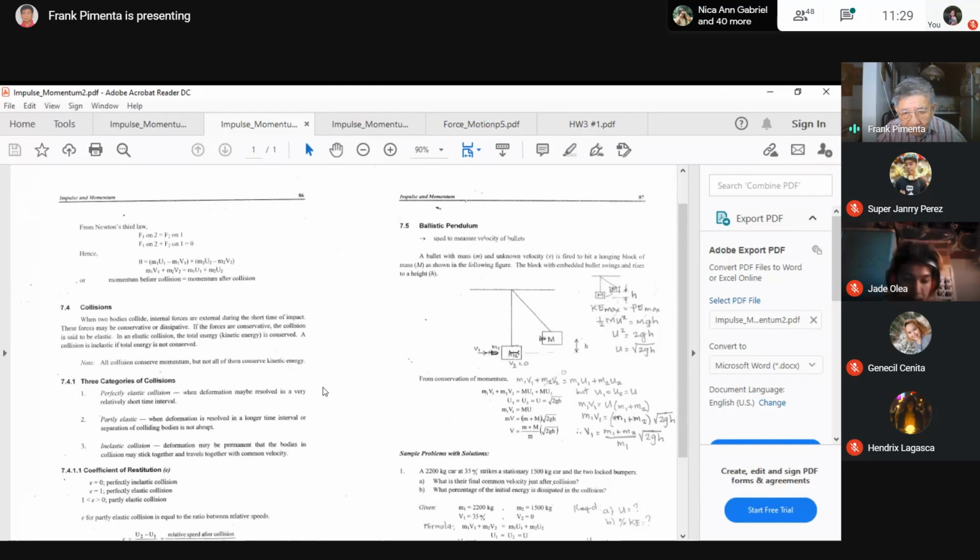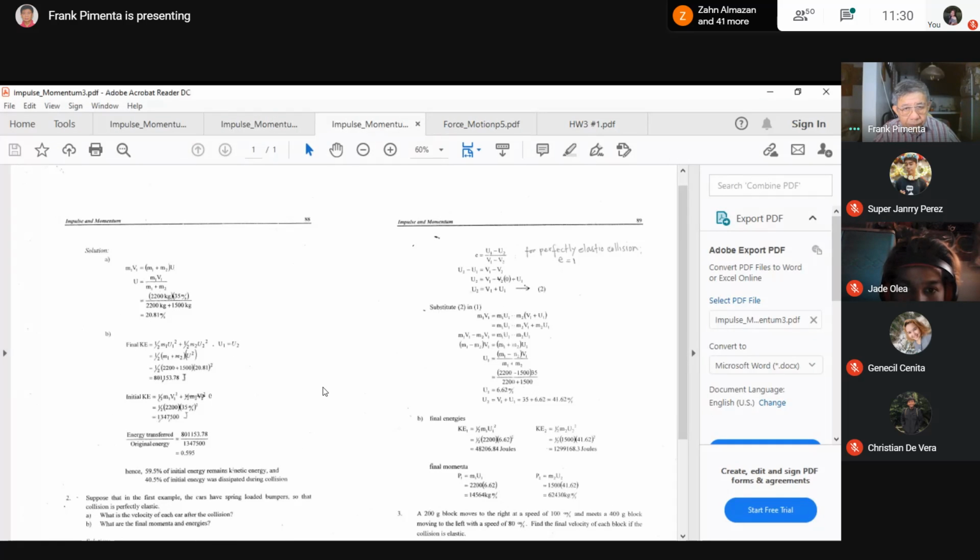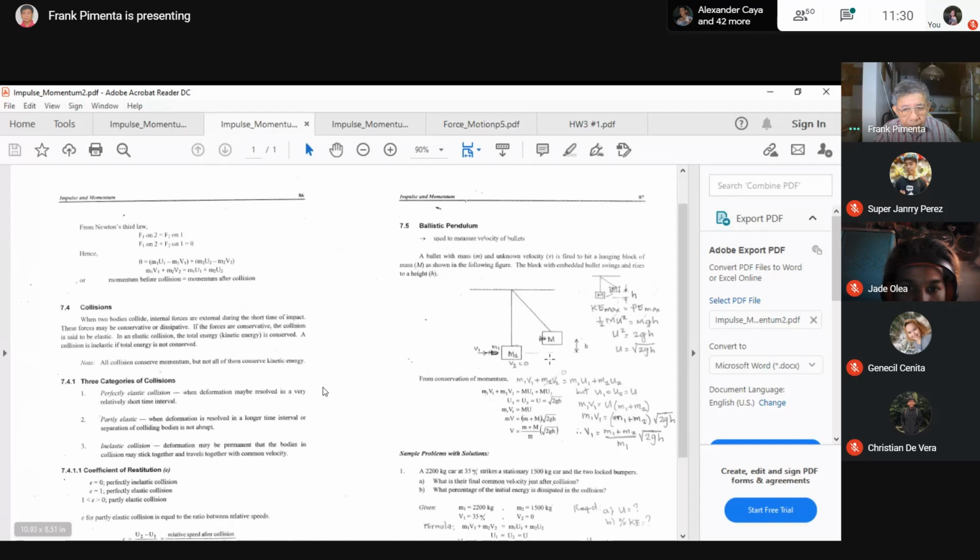So in the process, if they travel in this path, the mass now will be the sum of m1 and m2, kasi magkasama sila because the bullet went inside the block. Okay?